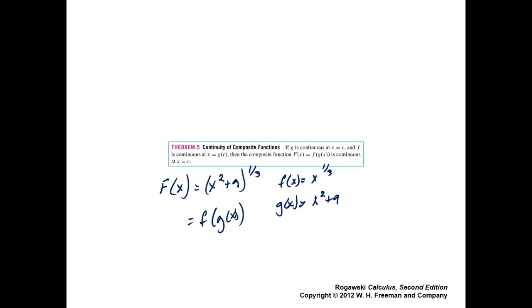Because any real number x you put in here, well, basically, if this were a square root, no sweat either, because this thing's always positive, right? Your output's always positive for g because you square it and then you add 9 to it. That could have been a square root, and that would have been good for all real numbers. If that would have been a minus 9 here, then you would have had to restrict your g to be only positive, because you can only take square roots of positive numbers. So this one is continuous everywhere.